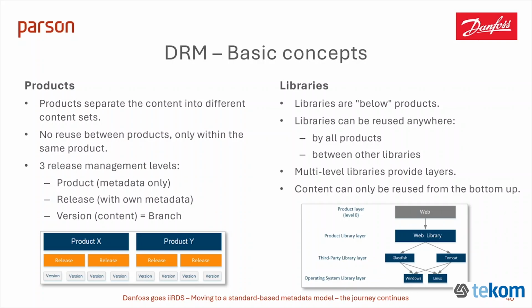Frank mentioned already the DRM. That is a feature that IXIA brings, and that was one of the tools we were using in our journey here. The idea is that we create different content sets for the different products, and there's no reuse between the products, only within the same product.